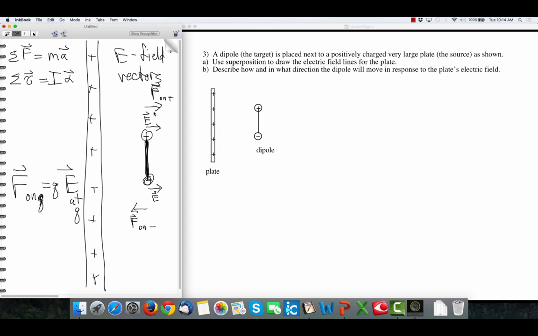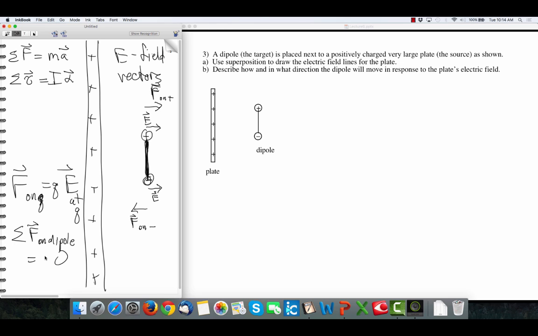If they're the same magnitude and opposite direction, what does that tell you about the net force on the total dipole? One force one way, one force another way. Opposite direction, same magnitude. If you add those two force vectors together, you get zero.